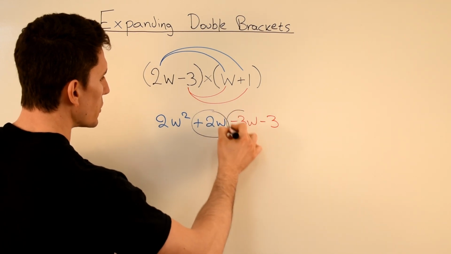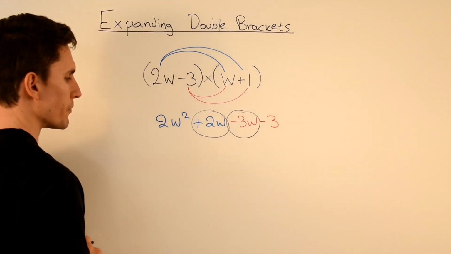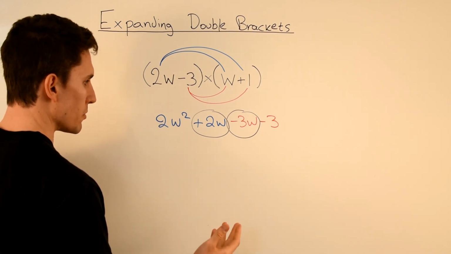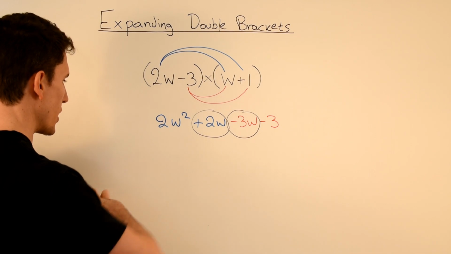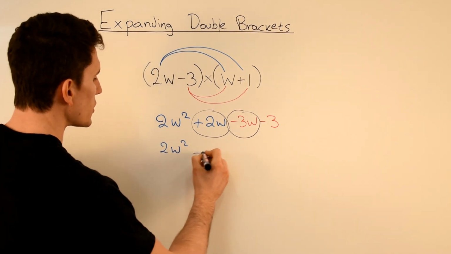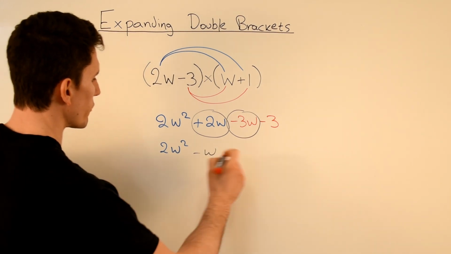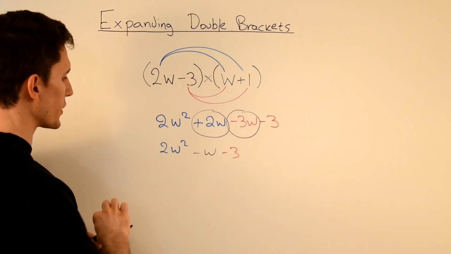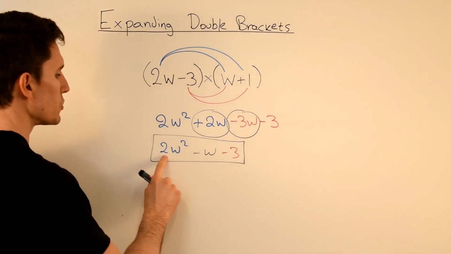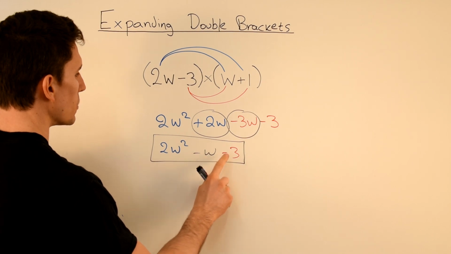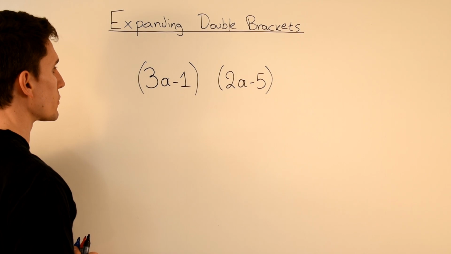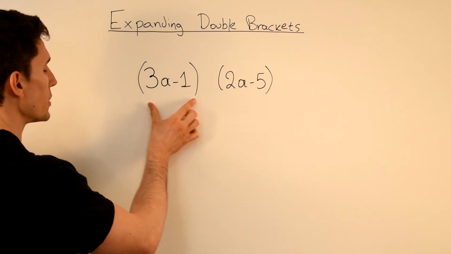Now what is 2w take away 3w? That's simply minus 1w or minus w. Therefore the final answer here will be 2w squared minus w minus 3. So the final answer here, the expanded form of the brackets we've been asked to expand here, is 2w squared minus w minus 3.